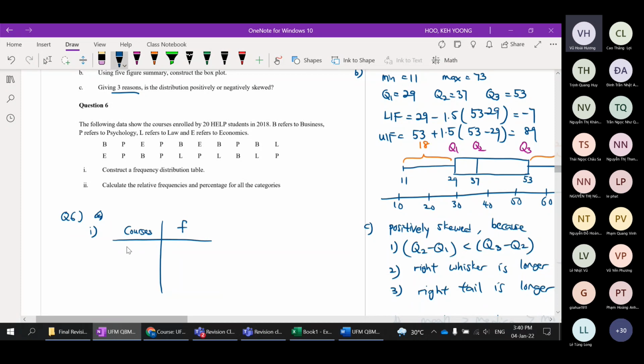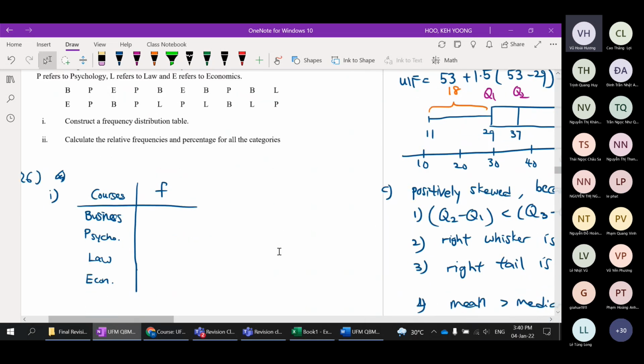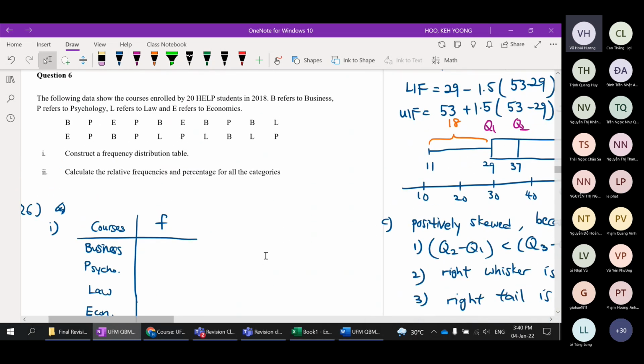Okay, so the courses you have: business, psychology, law, and economics. So you just count how many of them are from business. Okay, 1, 3, 4, 5, 6.